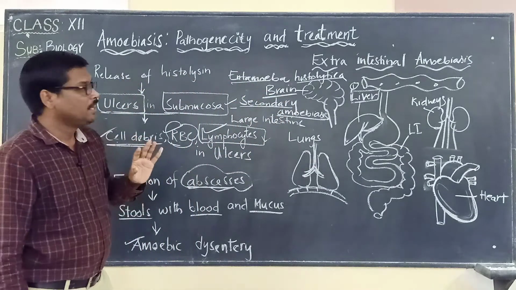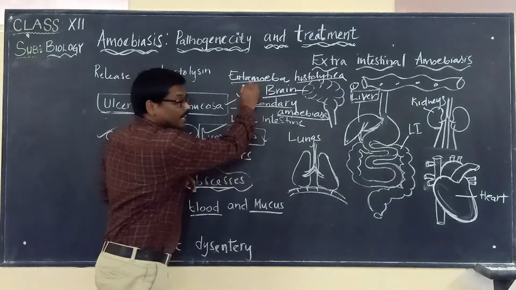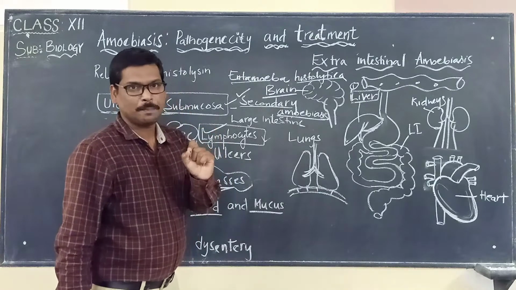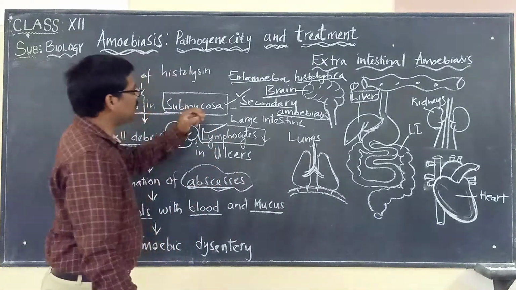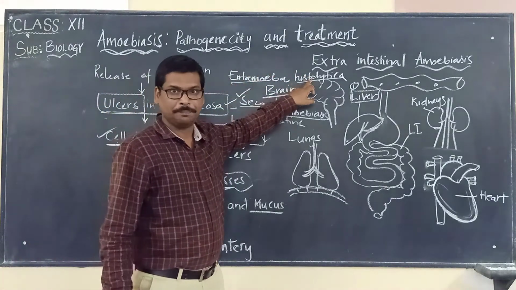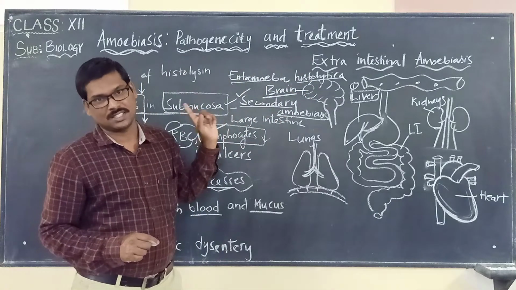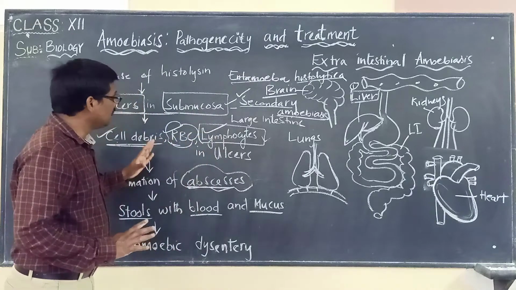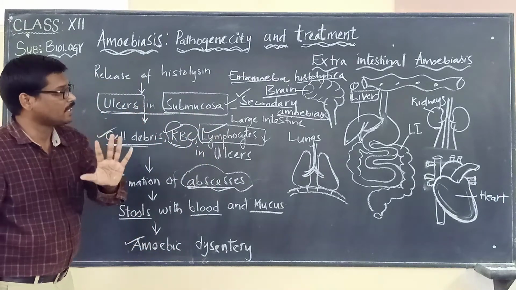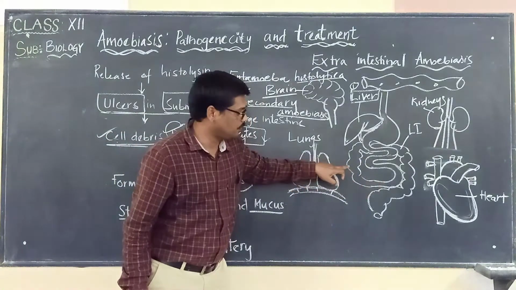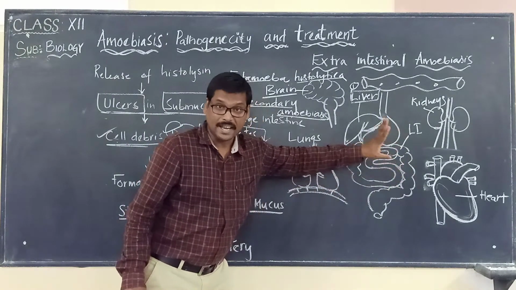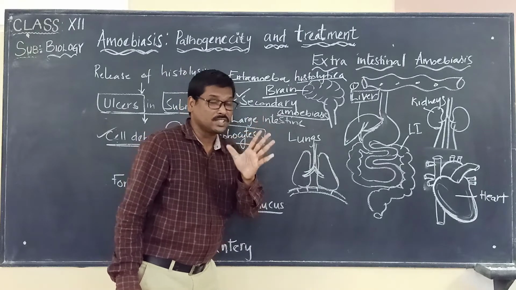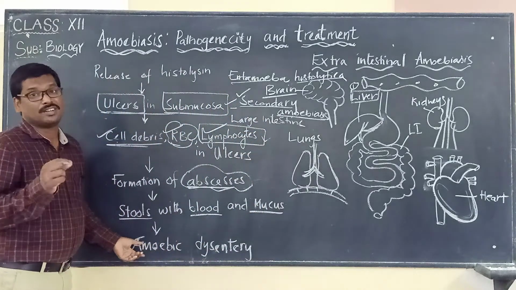So let us keep in mind that this Entamoeba histolytica causing amoebiasis first attacks the large intestine. But in such cases, it is just leading to amoebic dysentery.